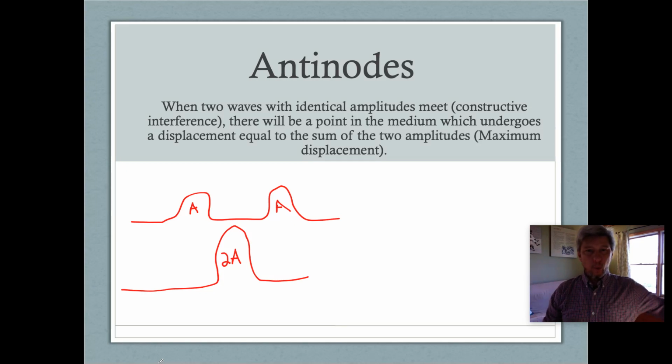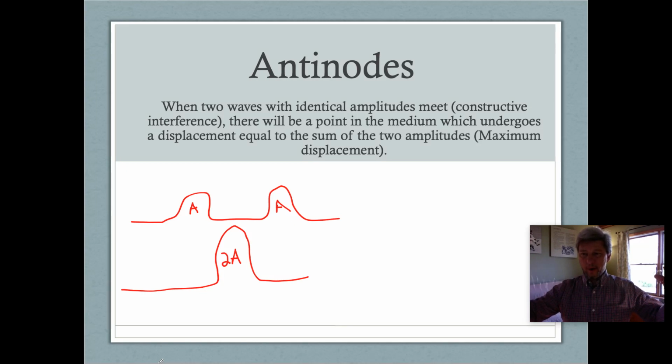Now, everything that I've drawn for you thus far is two pulses in a medium. One's moving to the left, one's moving to the right, and eventually their paths cross and there's interference of some sort, whether it's constructive or destructive. What if, rather than just sending a single pulse that bounces back and forth, I actually set up a standing wave?